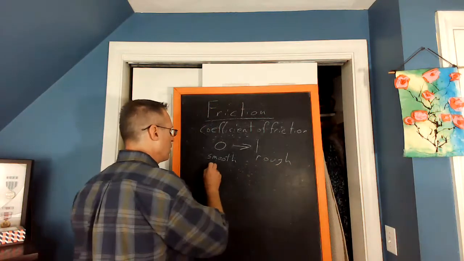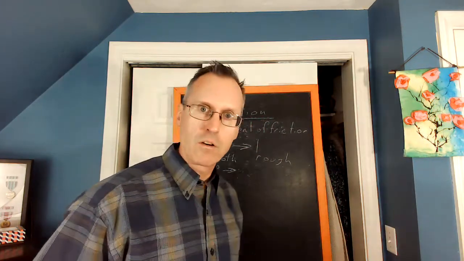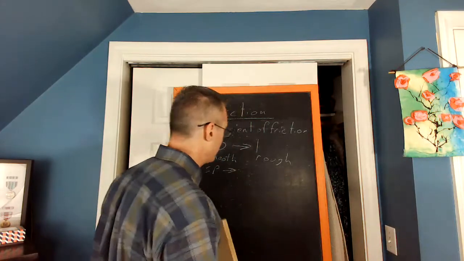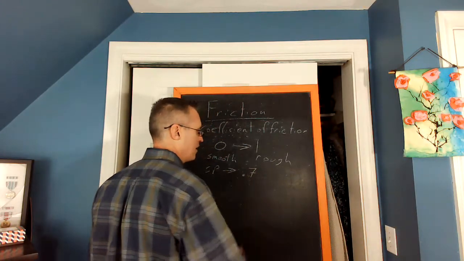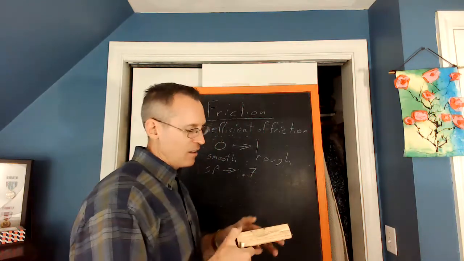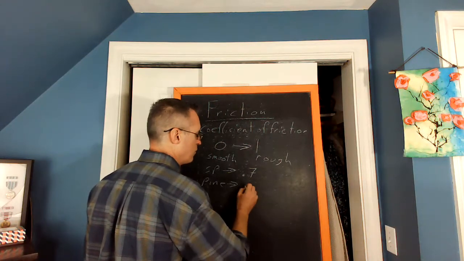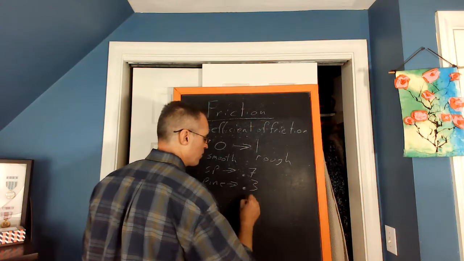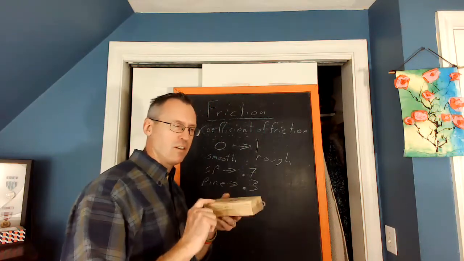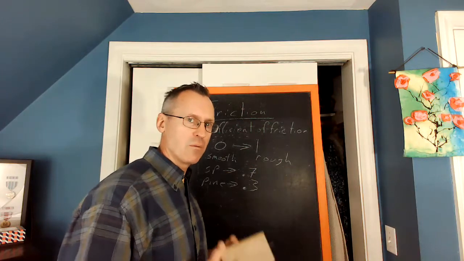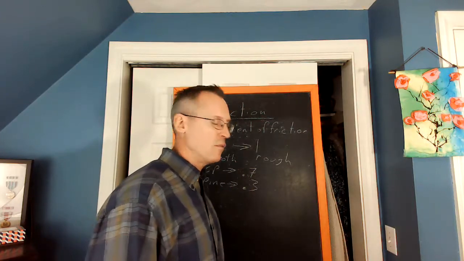I've been doing this for a quarter of a century now, and it pretty much always works out that the sandpaper gets a coefficient of friction of about 0.7, and pine on the bottom tends to get coefficients of about 0.3, 0.4. So it always works out to be less when we measure the coefficient. It's an easy way to do it in class, which we would be doing if I were right there. So that's the difference, and that's what coefficient of friction means.